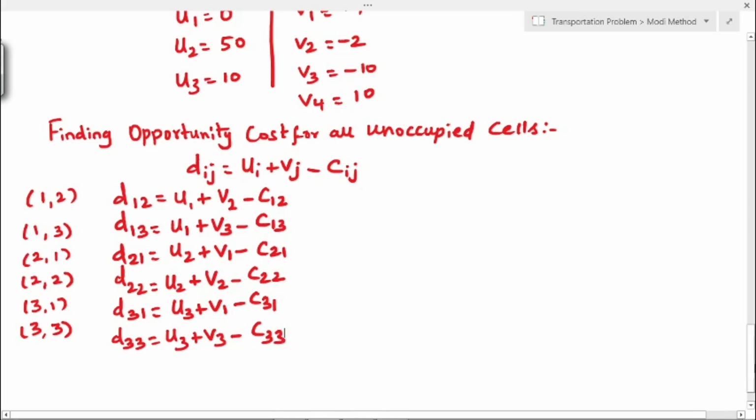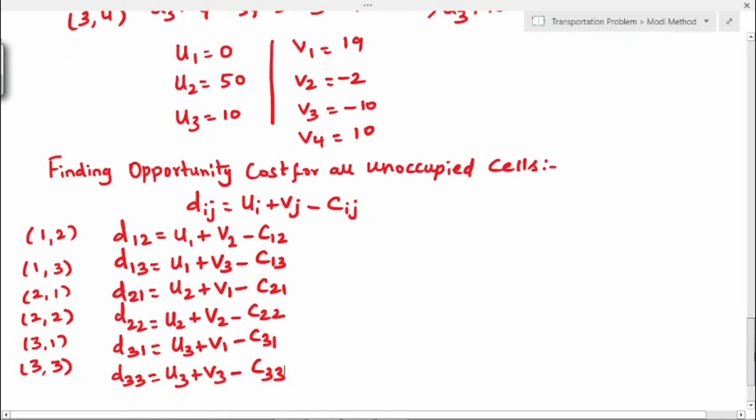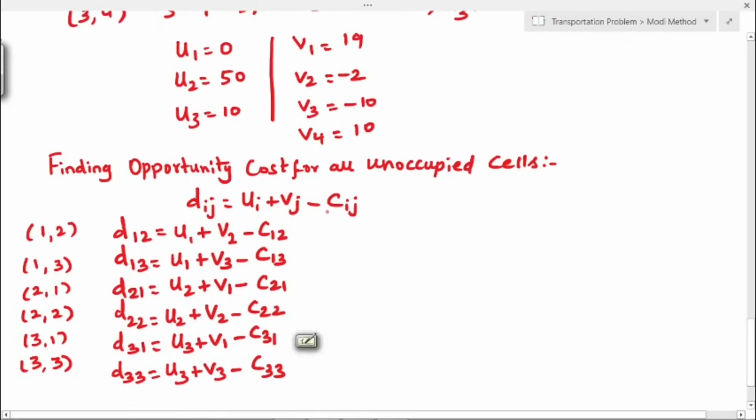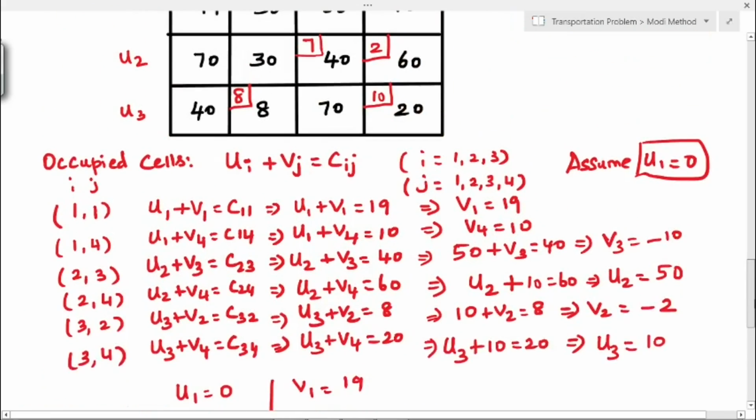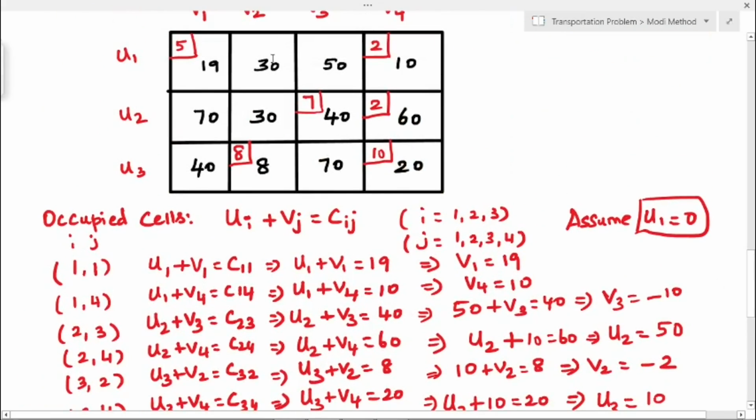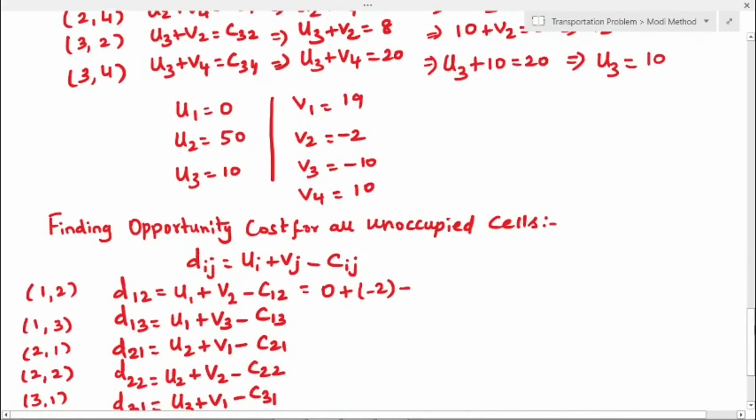Now we have to substitute the values. In the first, we have U1 is 0 plus V2, which is minus 2, minus C12. From the table, the C12 value is 30, so substitute 30.